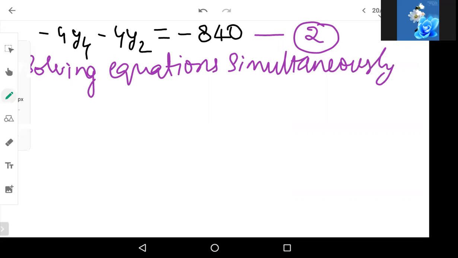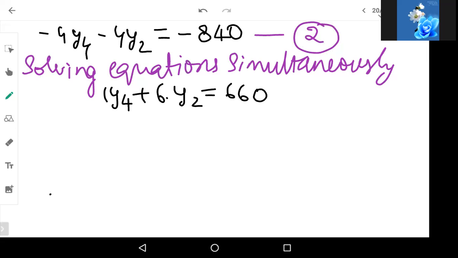What is the first equation that we have? We had 1y4 plus 6y2 is equal to 660. And the second one is minus 4y4 minus 4y2 is equal to minus 840.